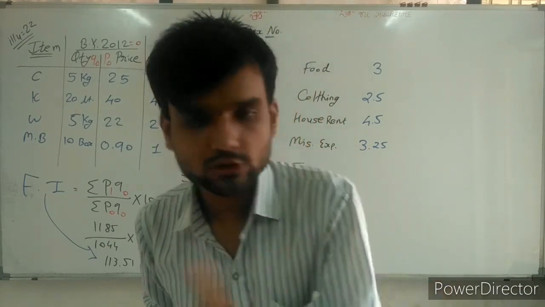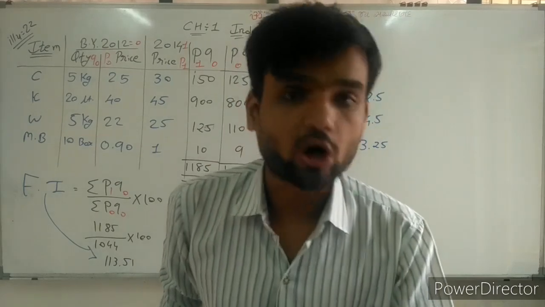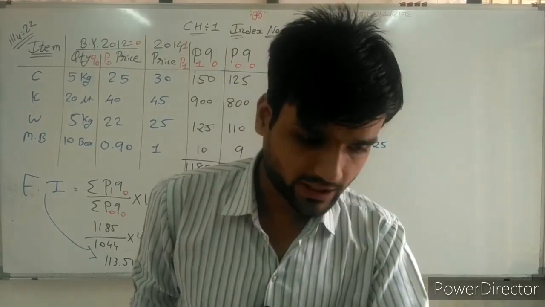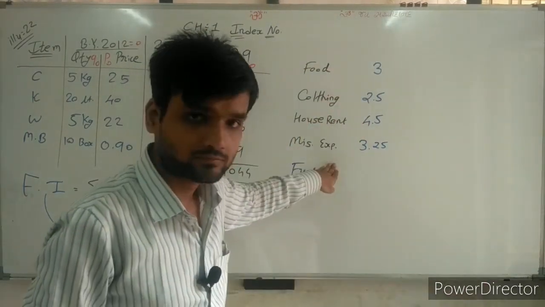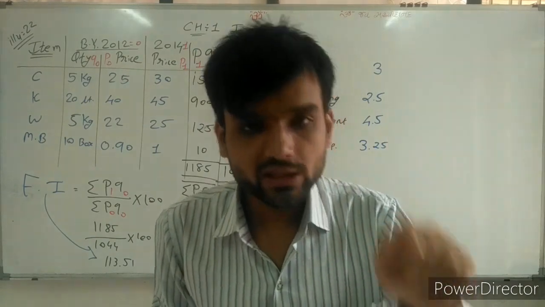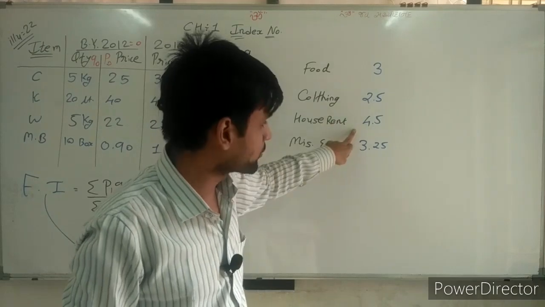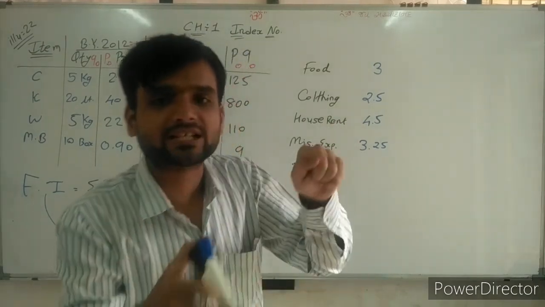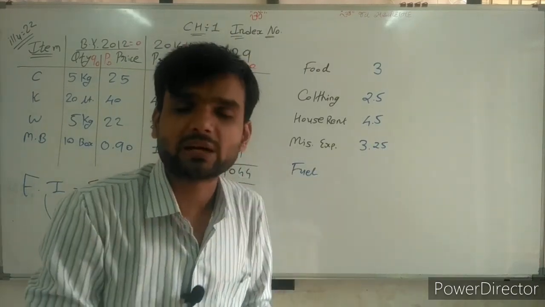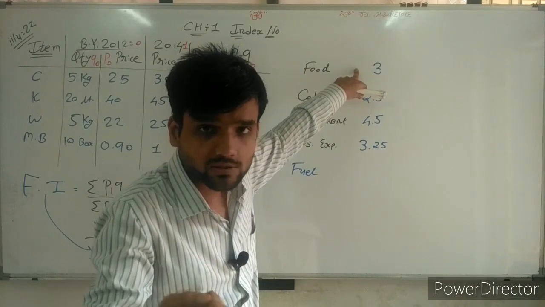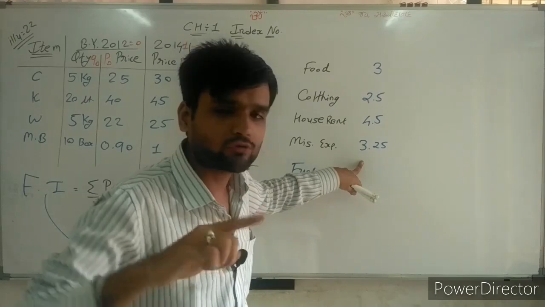So again I am reading the whole sentence. Try to understand. If the expenditure for food, clothing, house rent, and miscellaneous group in the year 2015 are 3, 2.5, 4.5, 3.25 times respectively.